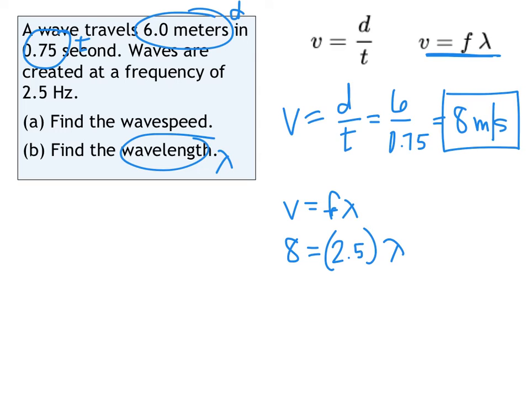So I take 8 and I divide by 2.5. And so that comes out to be 3.2. That is my value of lambda. And lambda is a length. It's the length of one wave. So my standard unit would be used here for meters, since everything else is in standard units as well.